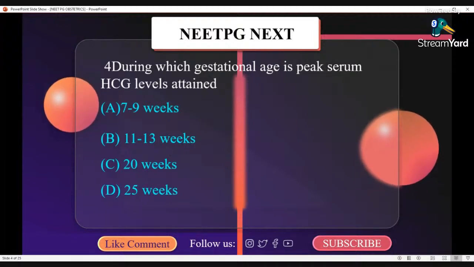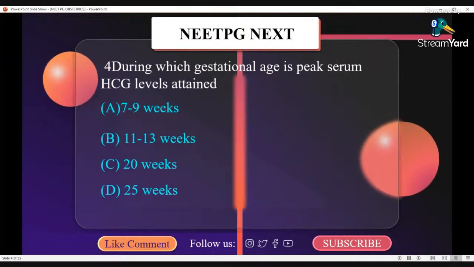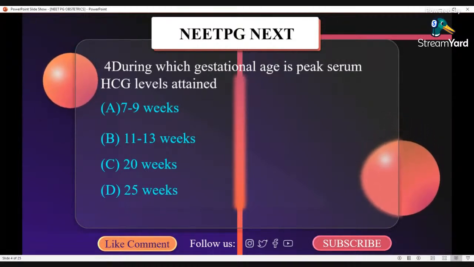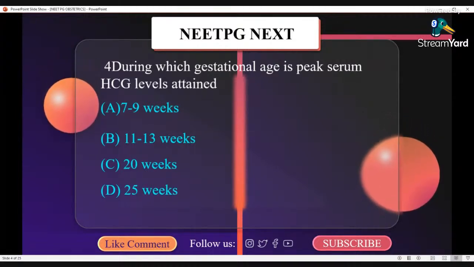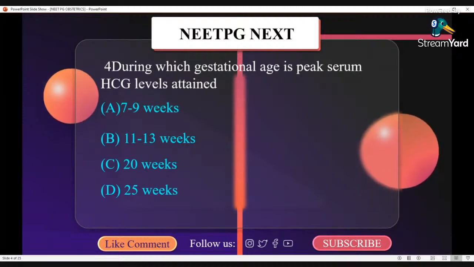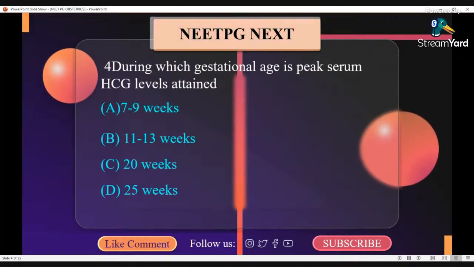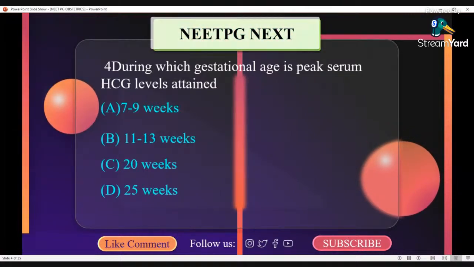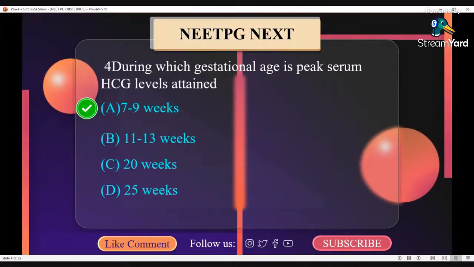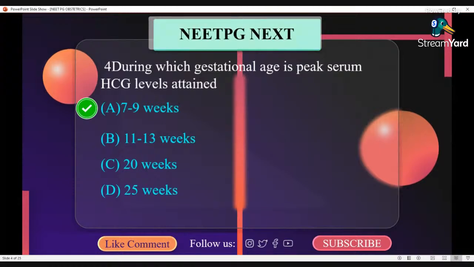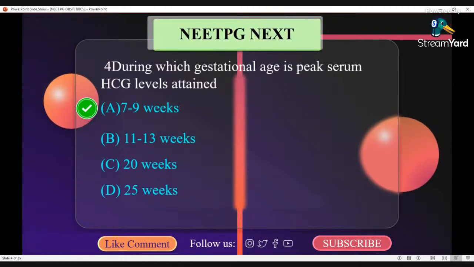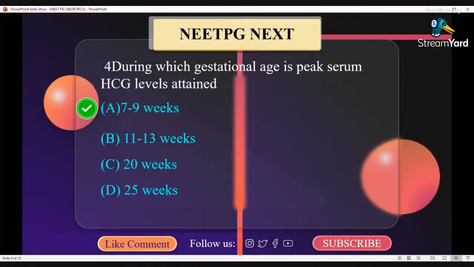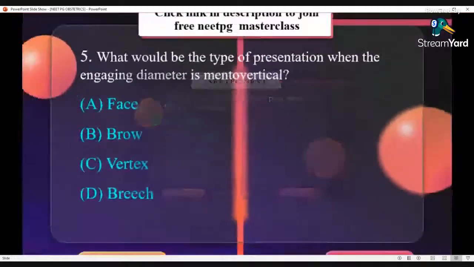Then it falls down between 12 to 16 weeks. So the correct option here is A, 7 to 9 weeks. Peak serum hCG levels are attained at 8 weeks, that is between 7 to 9 weeks.